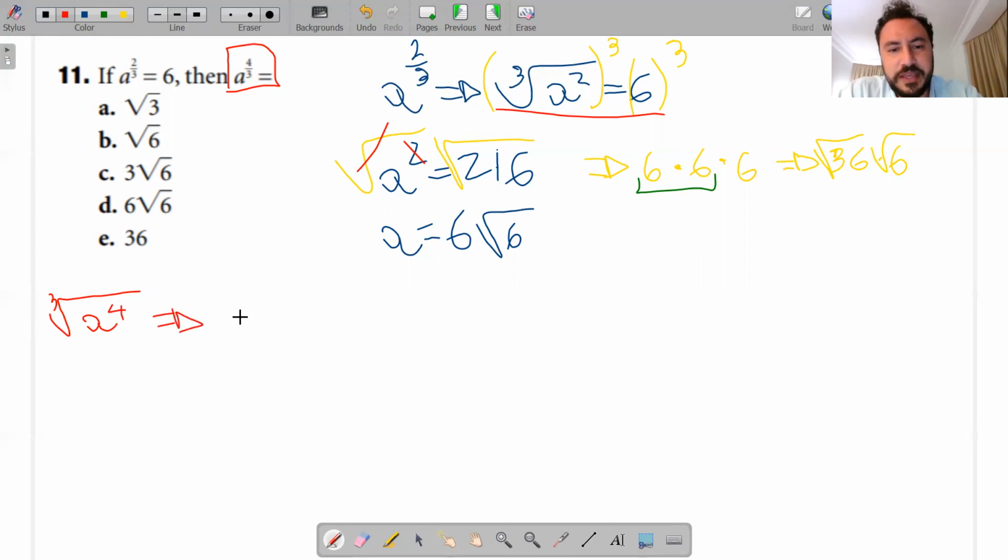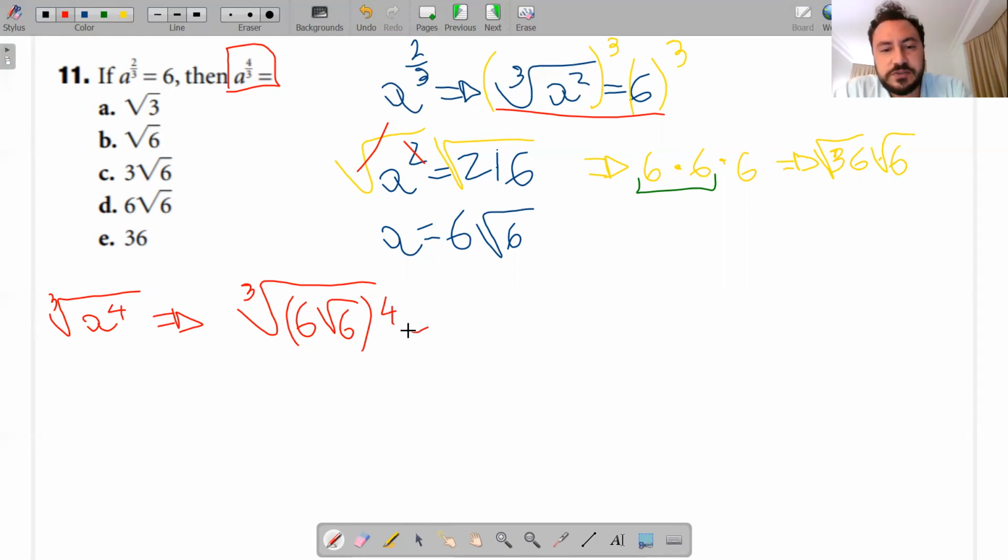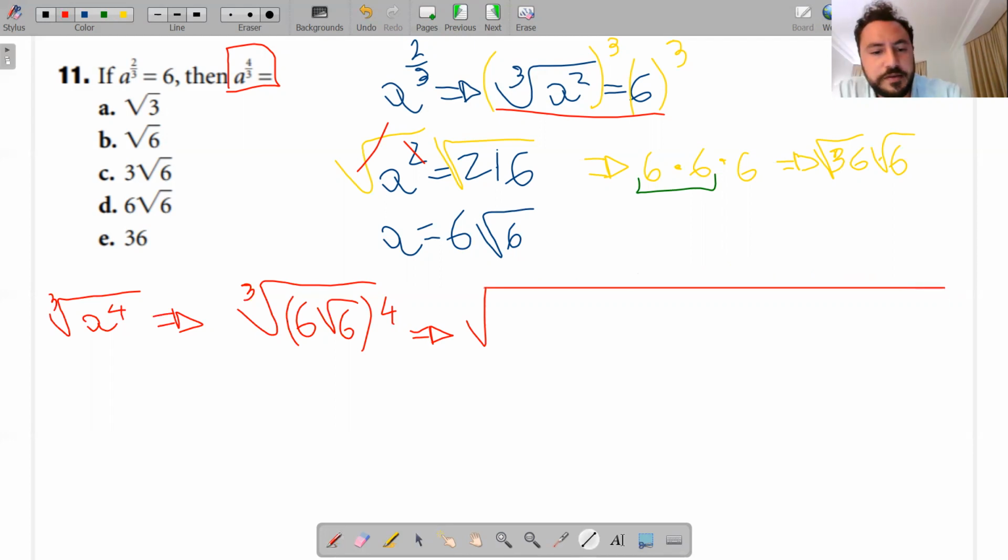My a is 6 square root of 6, so it's the cubic root of 6 square root of 6, to the power of 4.